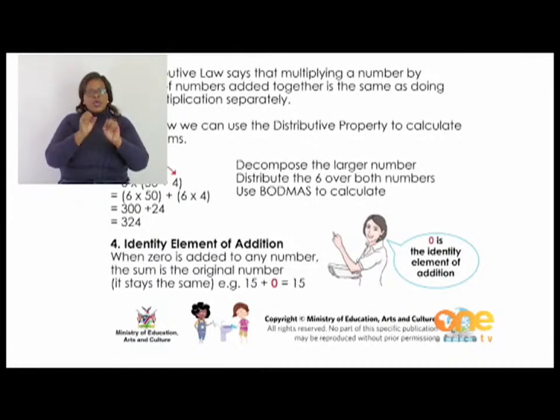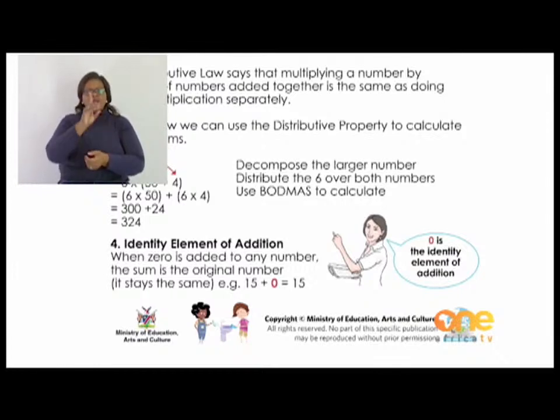If you are to expand 54, expanding, I've done a video or presentation for expanding. So to expand 54, you can say 50 plus 4, and that has to be inside the brackets. And then we have to distribute 6 to 50 and 6 to 4. And you have to go on until you get the answer.